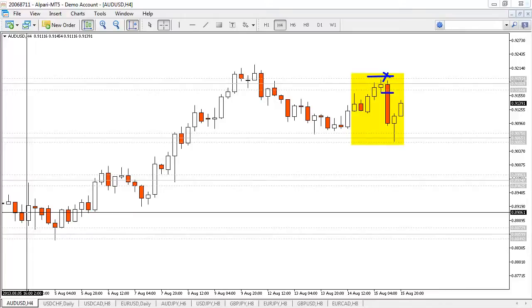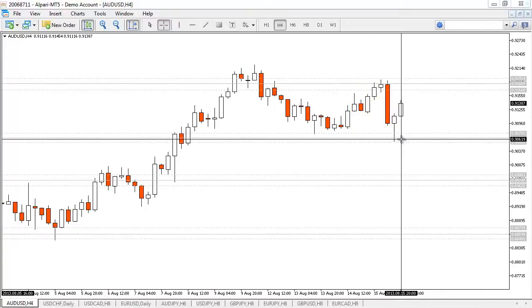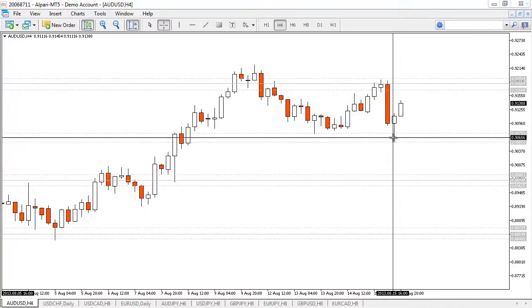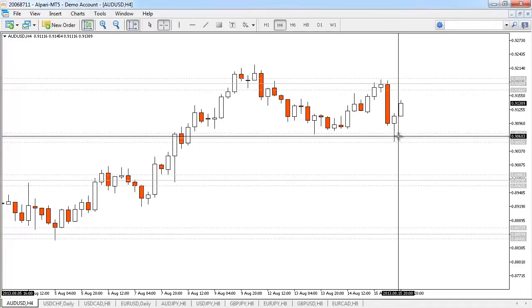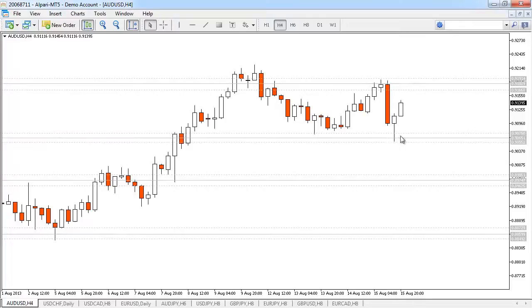Peter, that's a pretty good question. Do I leave a portion as a runner that would reach the next support resistance area? Personally, I don't. Most times, I don't like to leave part of the trade open after it hits the first support area to try and target the next support area down here. But again, some people in the advanced course do this, and they tend to be somewhat successful with it.